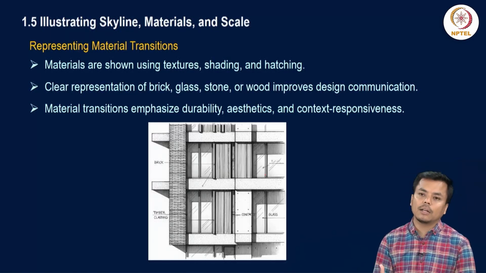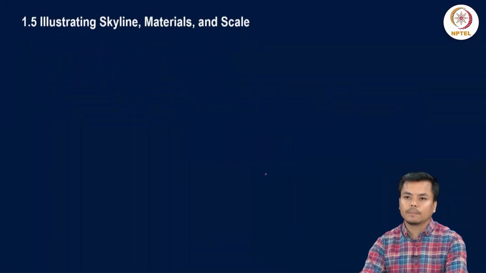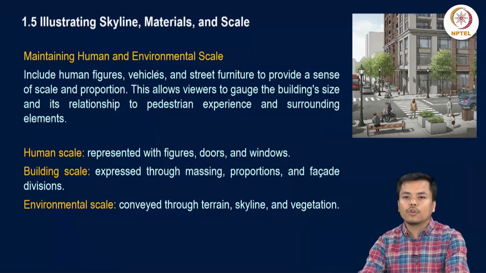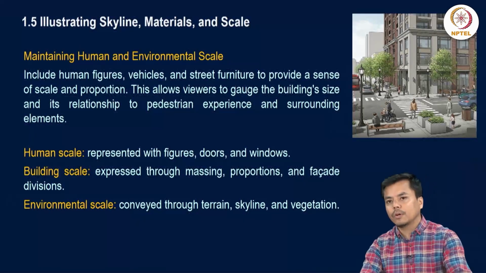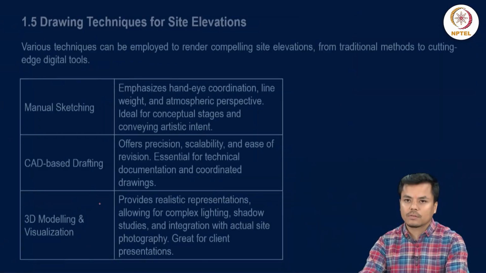So that can be understood with more clarity by the site elevation only. Then maintaining human and environment scale, include human figure, vehicle and street furniture, because these all provide some proportion and scale to the structure.